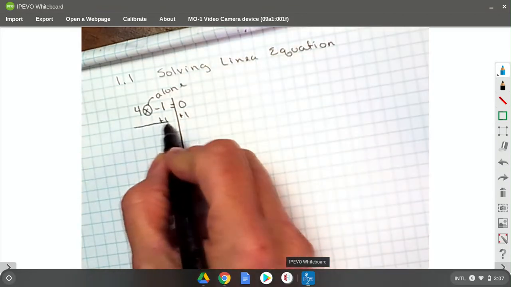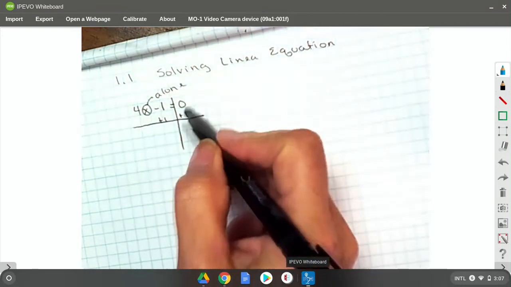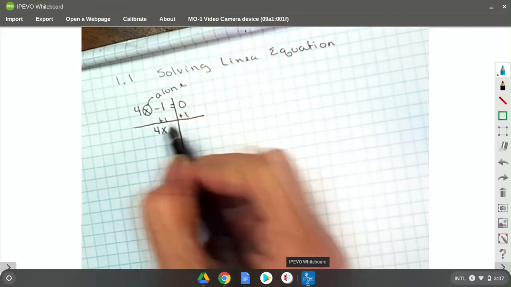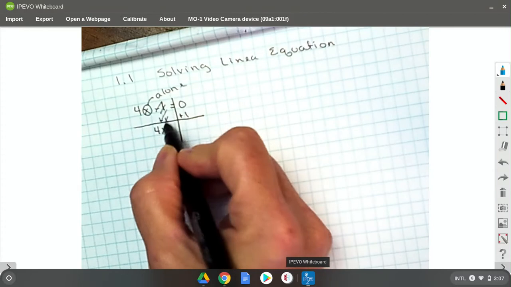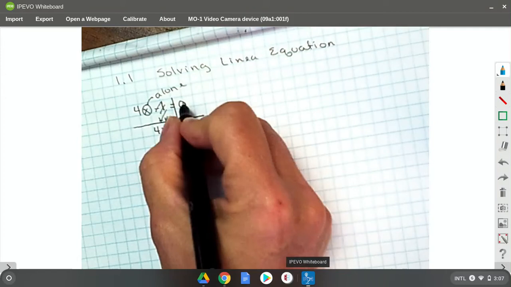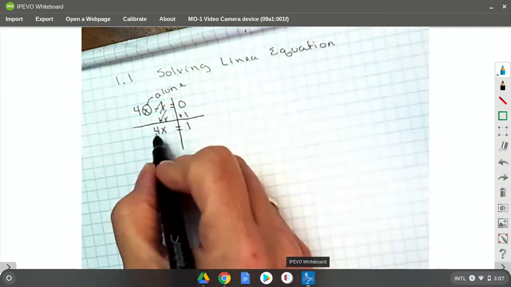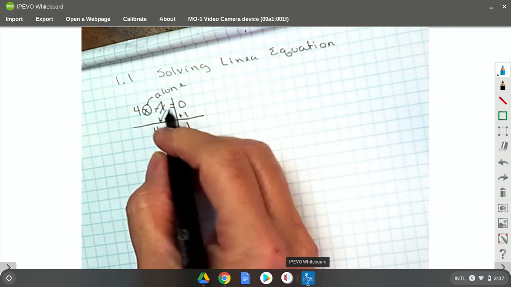All right, so I'm going to draw an addition line here, and I'm going to put down, bringing my 4x, because that's still there. But I did manage to cancel out that 1. And now 0 plus 1 gives me a 1. All right, 4x, a number next to a variable, is a multiplication problem.